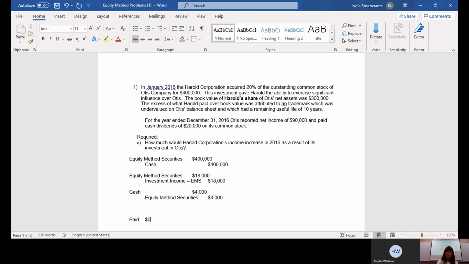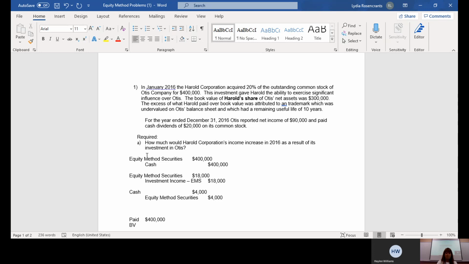So Harold paid $400,000. And the book value, I'm going to call that BV. I sometimes call it the carrying value as well. NA would be net assets, I guess. I'm going to use all those terms because you've got to know them.